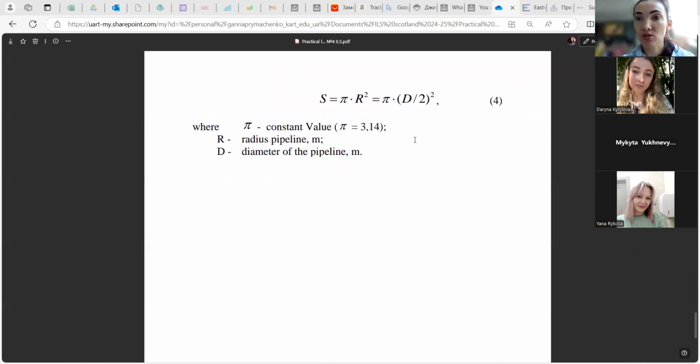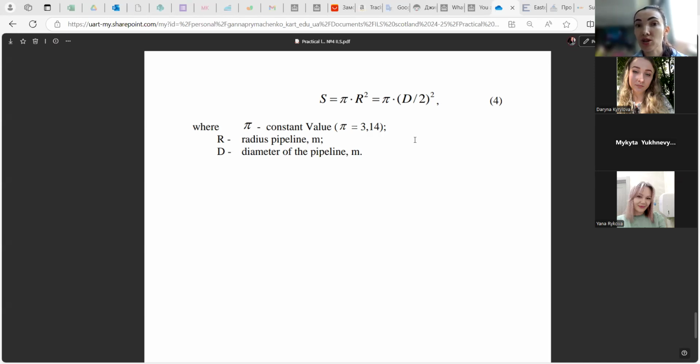Please write on your list or in your document S is equal to, and we use such parameter as P. It is a constant value, and I think you remember that P is equal to 3.14. So please write is equal to 3.14 multiplied by, and we use such parameter as the diameter of the pipeline.